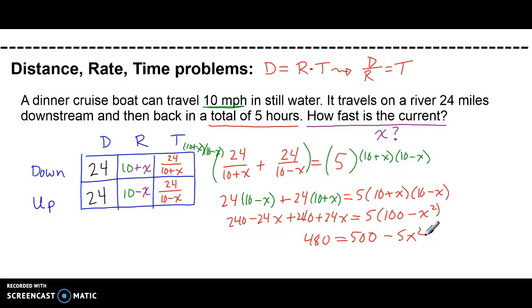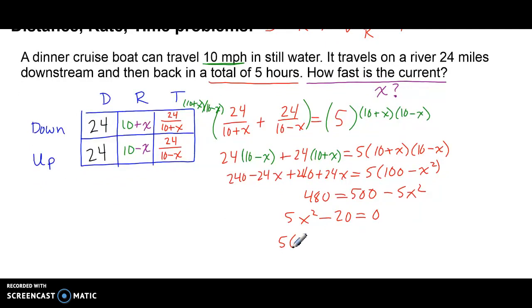And quadratic equations are a major pain. In this case, it's not so bad because it's a quadratic equation that factors really easily. Factor out the 5 first, and then you have a difference of squares.